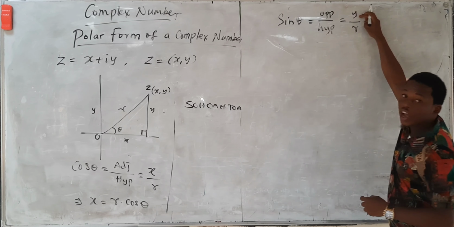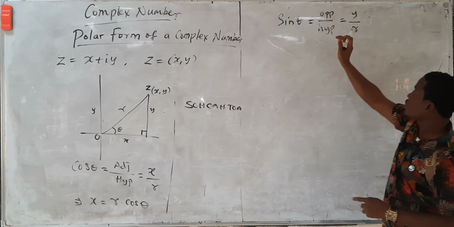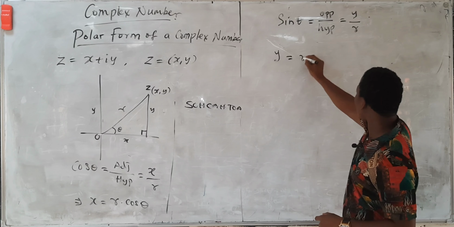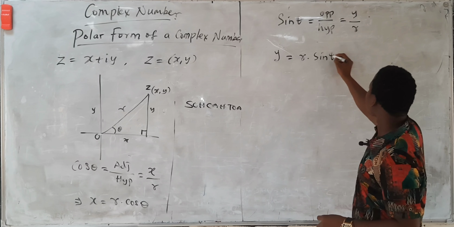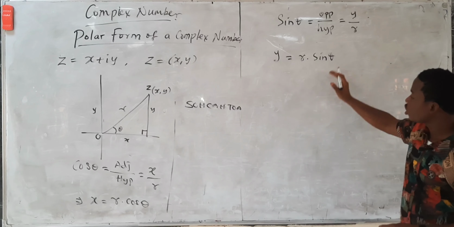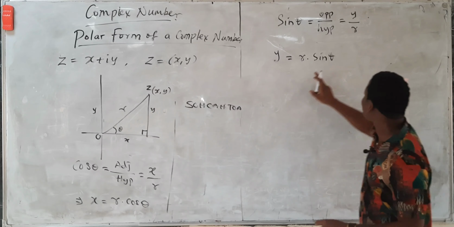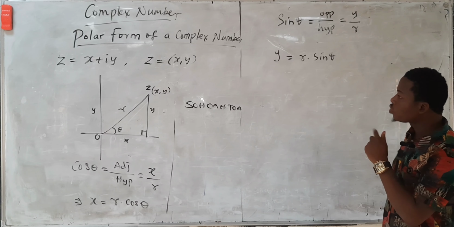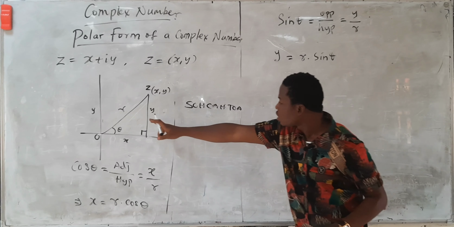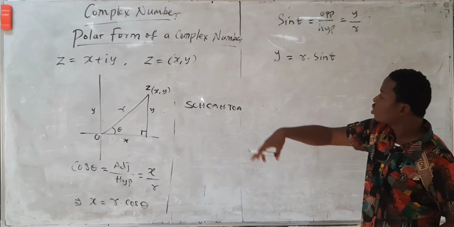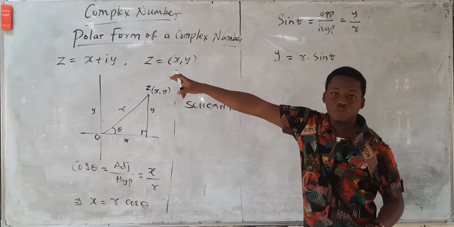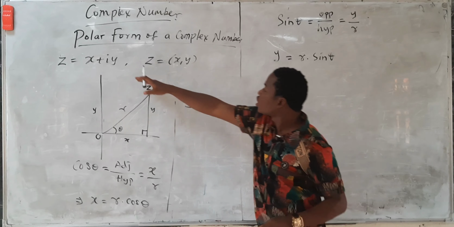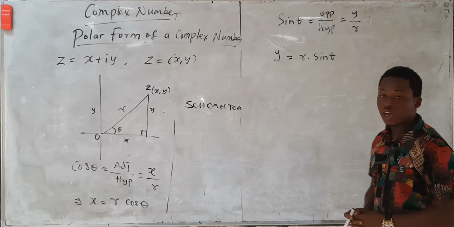Our intention is to find the value of y, so we cross multiply, and y is equal to r times sine theta. So we have the value of x and the value of y. For those who do not know what r is, take note, r is the modulus of this complex number z equals x plus iy. You can check our previous video on how to find the value of r.